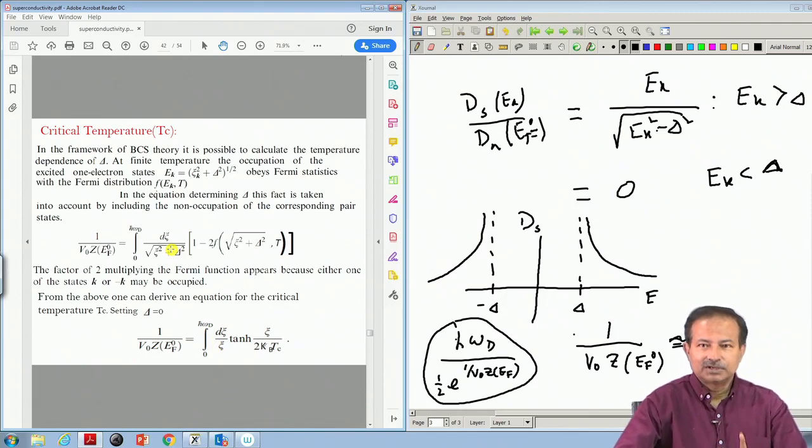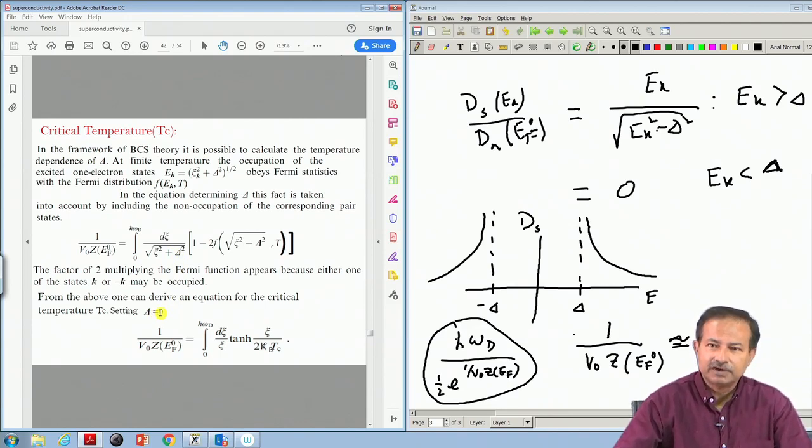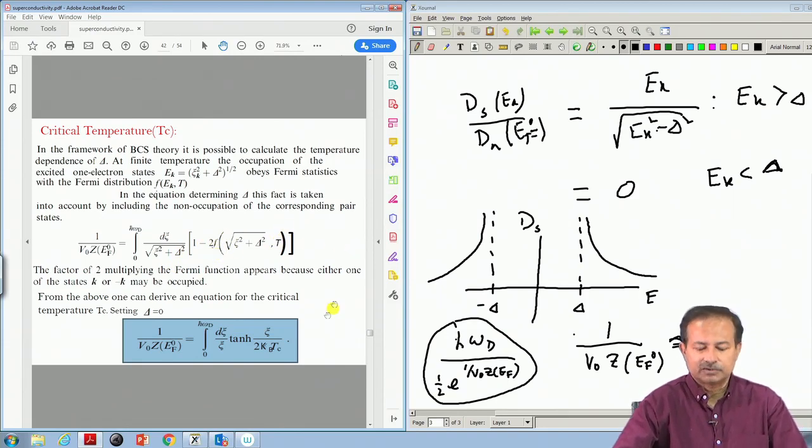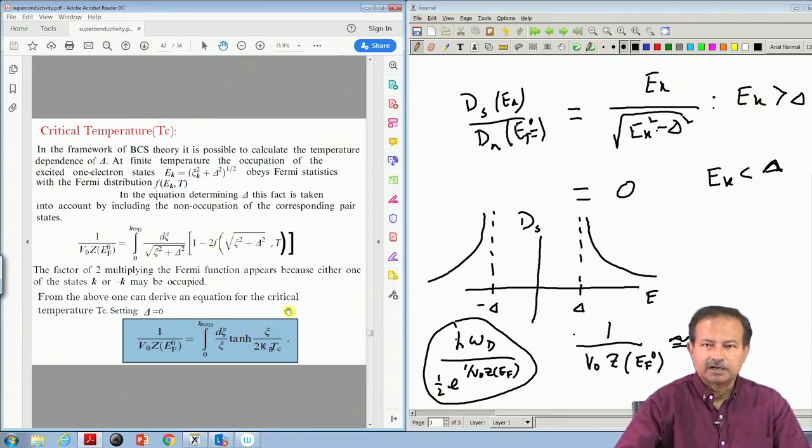Remember, we are now looking for Tc. At Tc, as I said, delta has to go to 0, that is how Tc is defined, where the gap vanishes. So, in this equation, two things you have done here. One is set delta equal to 0, and the other is written 1 minus 2 f in terms of a tan hyperbolic, which is just simple algebra you can check.